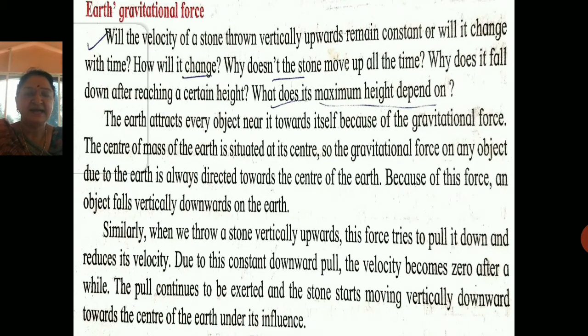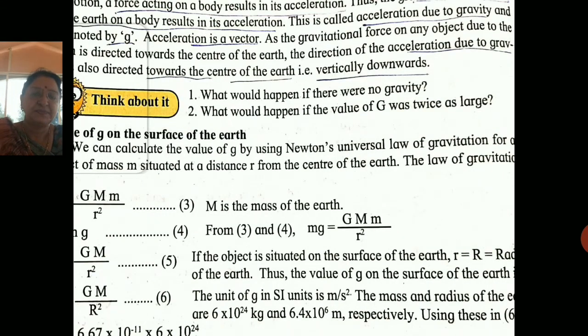At a certain height, the velocity of that stone is equal to 0, and from that height, it again moves vertically downward towards the center of Earth. That is, Earth exerts gravitational force on each and every object, and so that object moves towards the center of Earth. It is Earth's gravitational force.